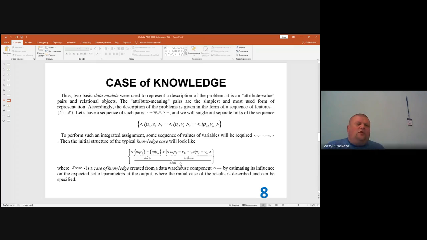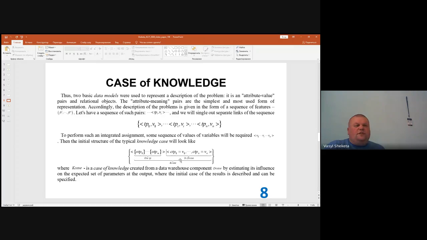If we're talking about a knowledge-based system and a case-based approach for this modeling, one of the points of our research is getting cases of knowledge. We start from a simple case where we have parameters and values, and on the upper level we have parameters on the input and the output, and some arrows that connect them, so we can use interpretation.